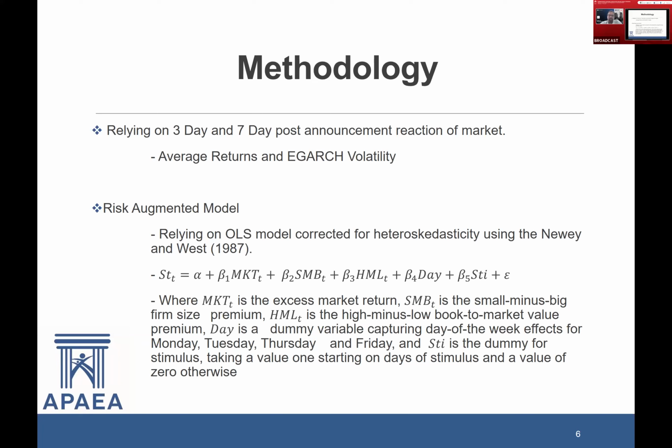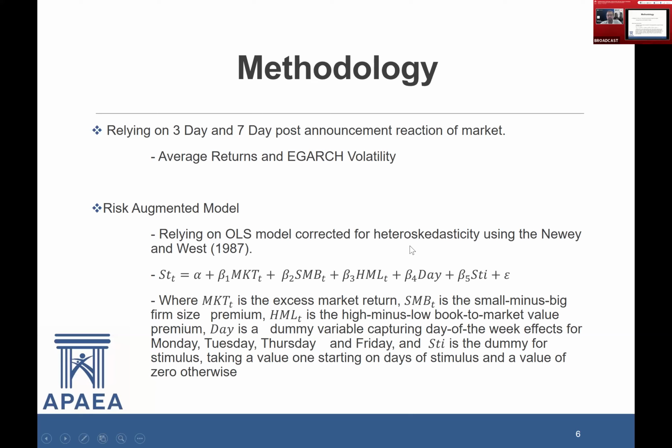So essentially, the risk augmented model that we are using incorporates the market premium, the small minus big size premium, and the high minus low, and these are the Fama-French factors. Then we have also controlled for the day of the week effect, because there's a plethora of literature which talks about the stock market's reaction to any kind of announcement, be it at firm stock level or at aggregate level, that relies on the day of the week effect as well.